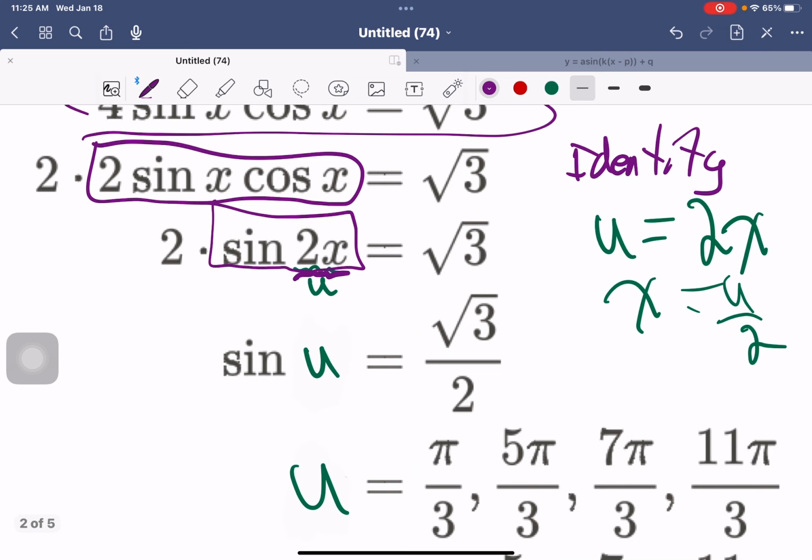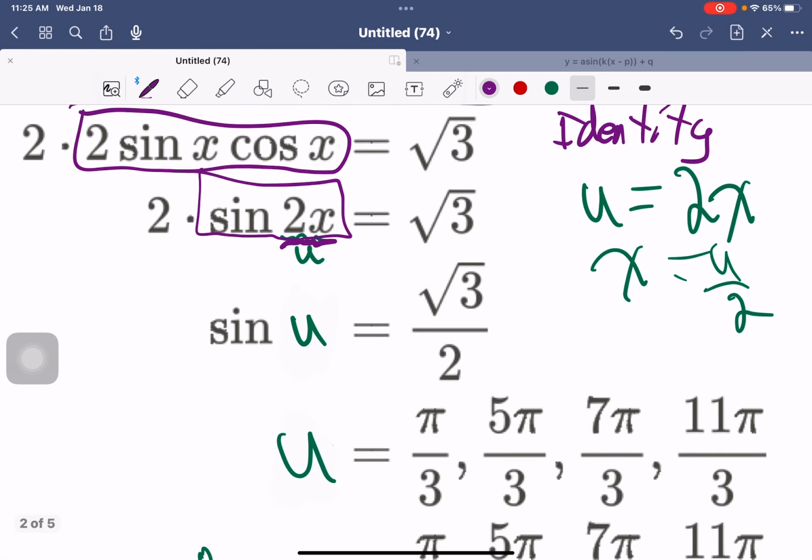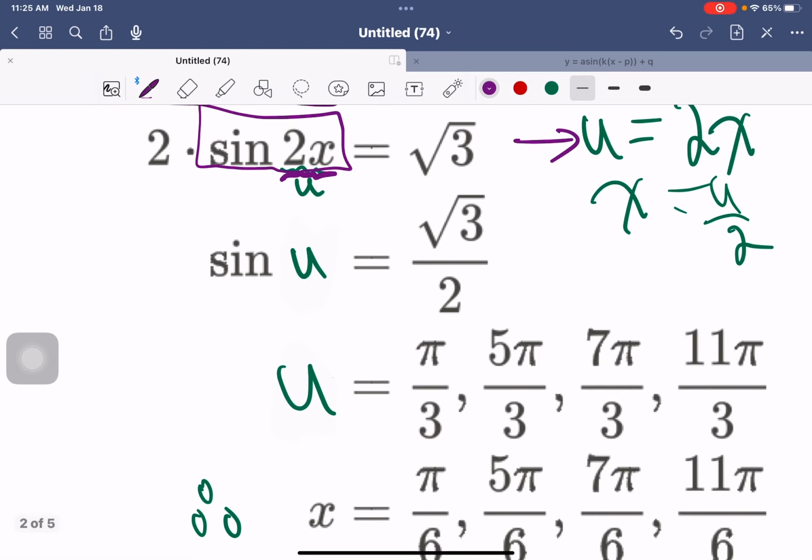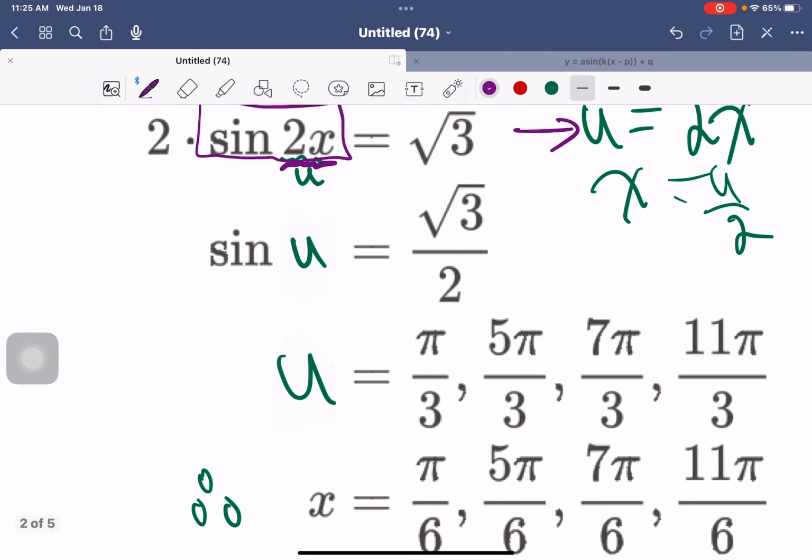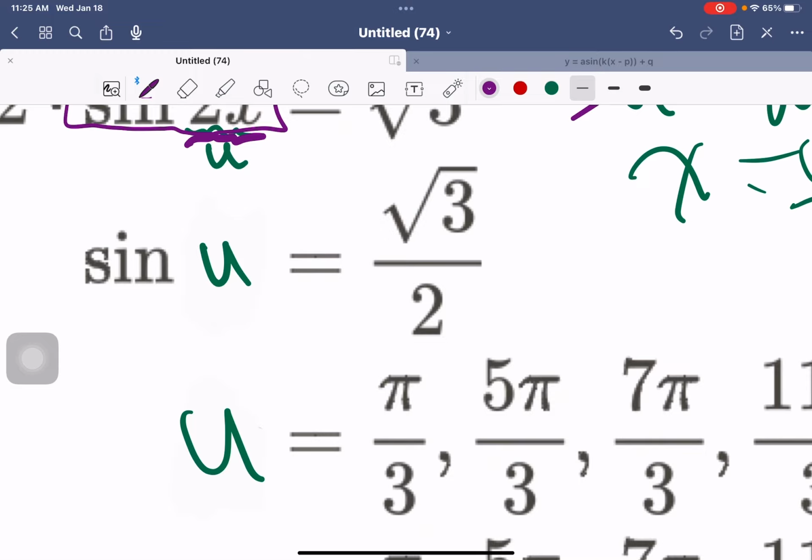Now, you notice that every time in the past when we've had an angle that's not equal to just x, we use a u substitution, and I do it again. So here, I used u equals 2x. And then I have sine u is root 3 over 2.